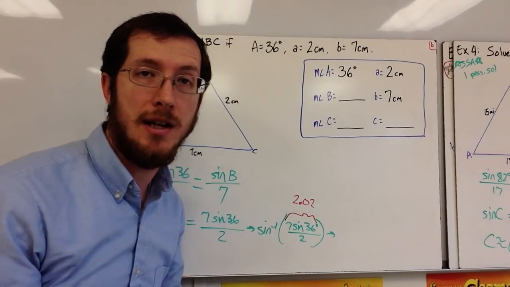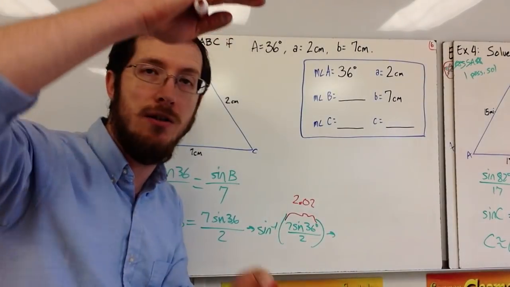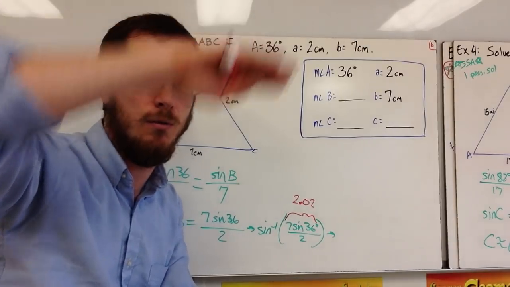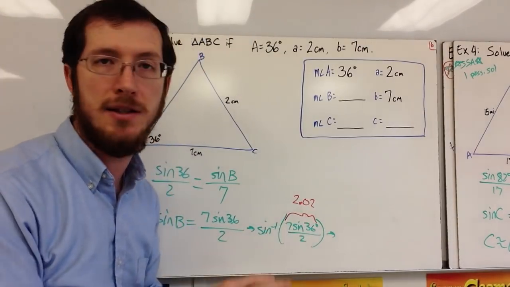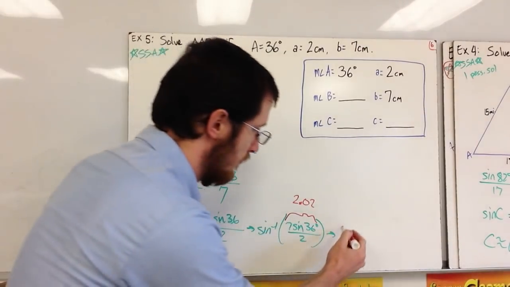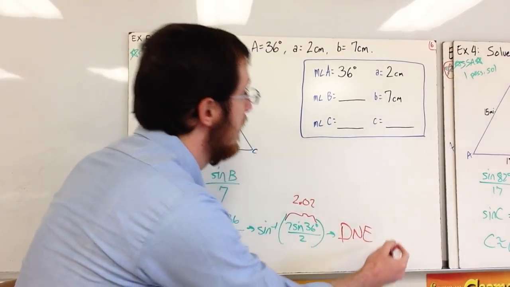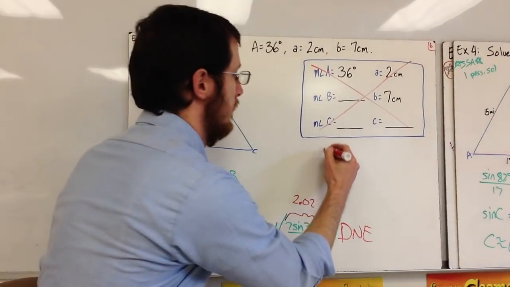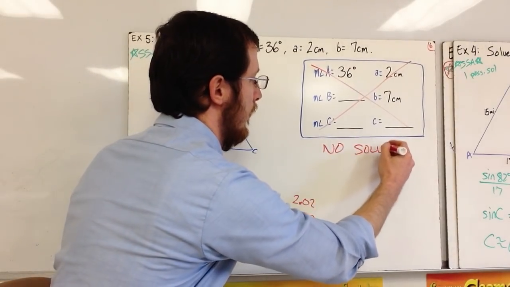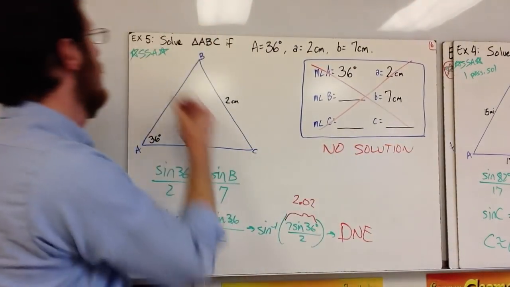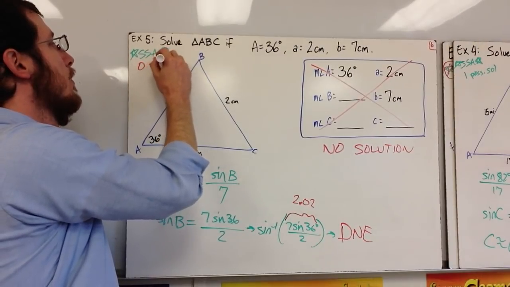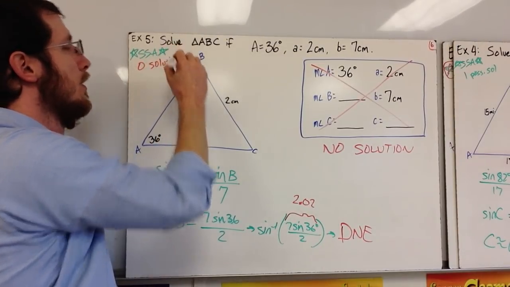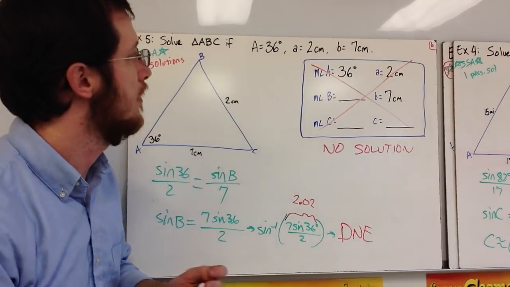Remember, sines and cosines have a range of -1 to +1. We can't find an angle whose sine is outside of that range. So, that angle does not exist, and there's no solution to this problem. Okay, so this is an example of 0 solutions. All right, we cannot solve this problem.